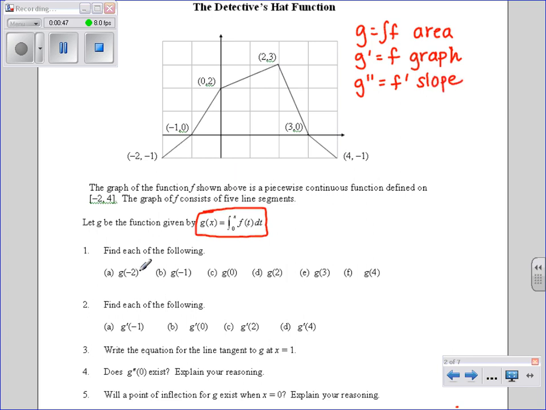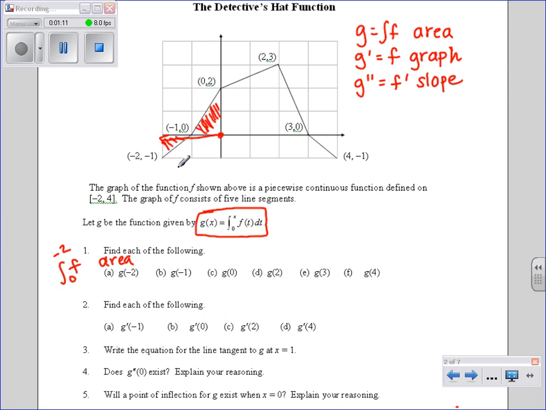So when it says find the following, g of negative 2, little g, we look up here, little g is for area. So we look here, the area from 0 to negative 2. If we look, here's 0, we go to negative 2. If we found the area normally, it would be the area of these two triangles here.